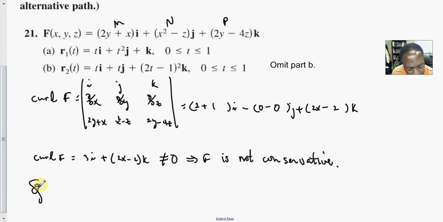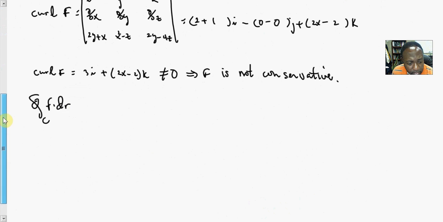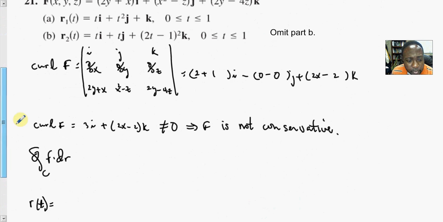So we need to actually find f dot dr. Well, to do that, to get dr, remember we need r prime. Well, r of t, this problem is t i plus t squared j plus k.